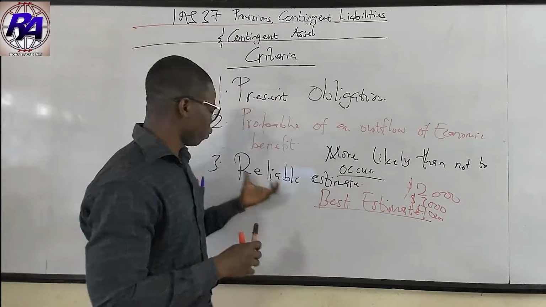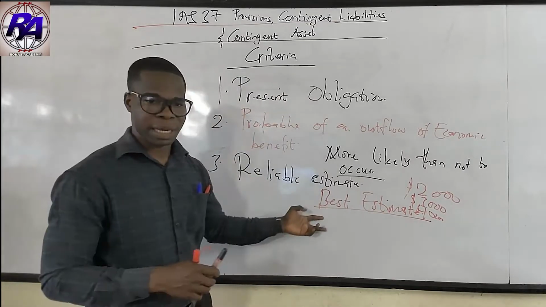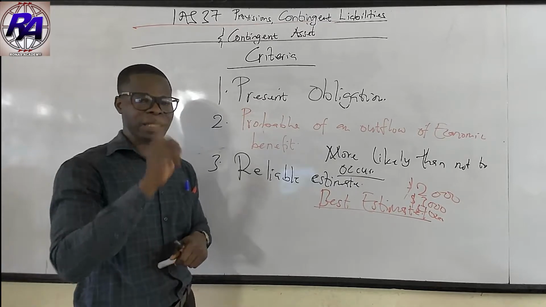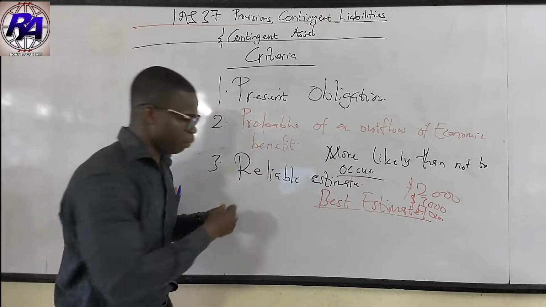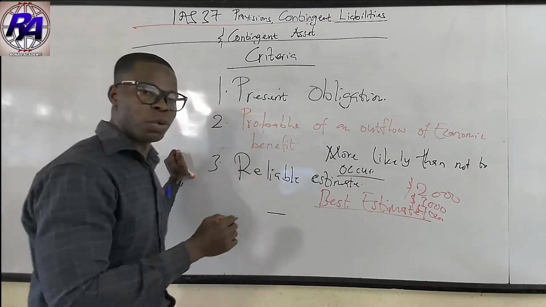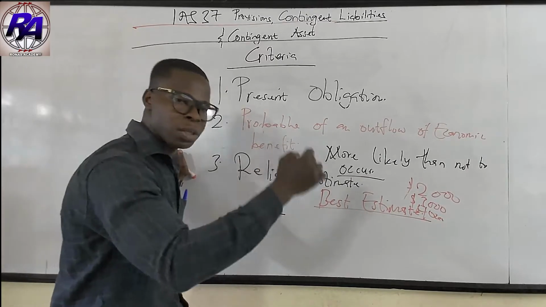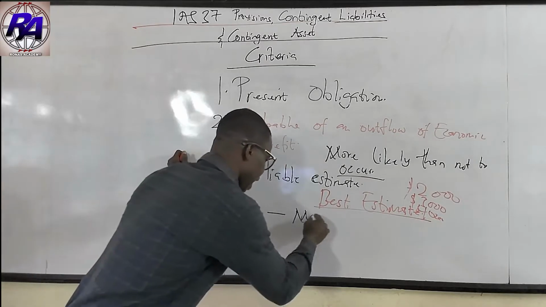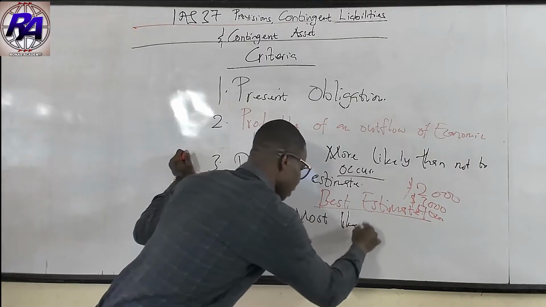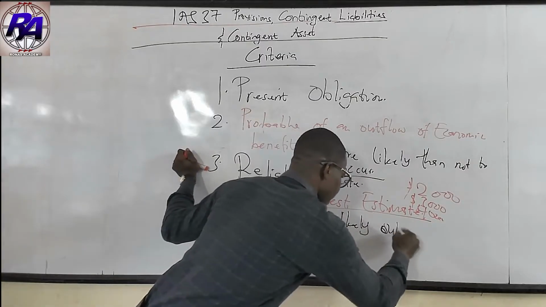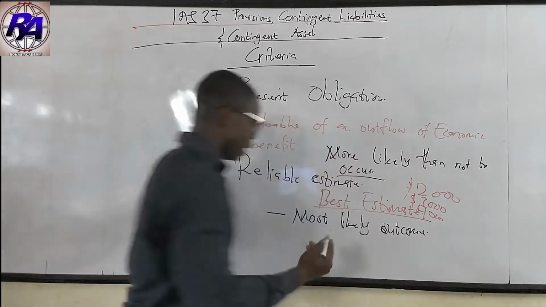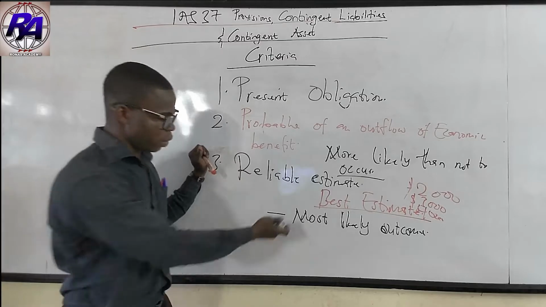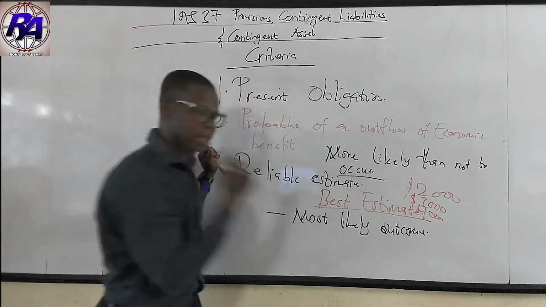Another thing you are supposed to note under the reliable estimate is that when we are dealing with just one event, then the value that we use is the most likely outcome.